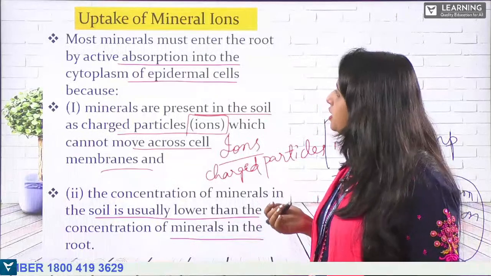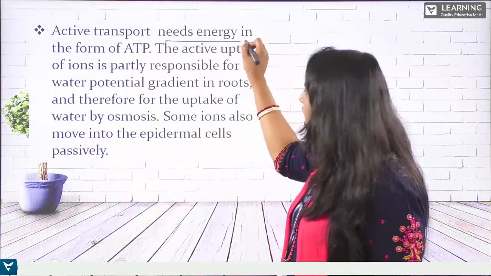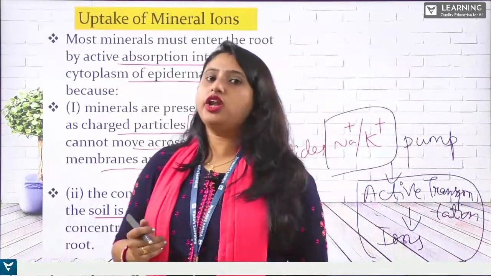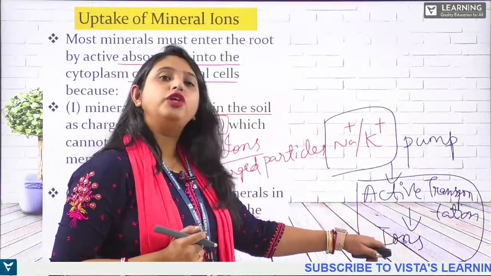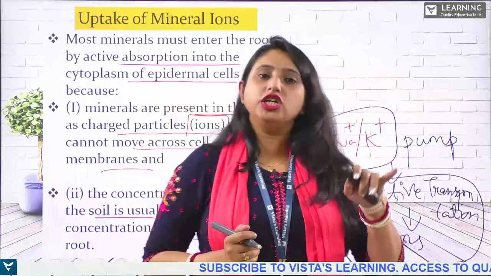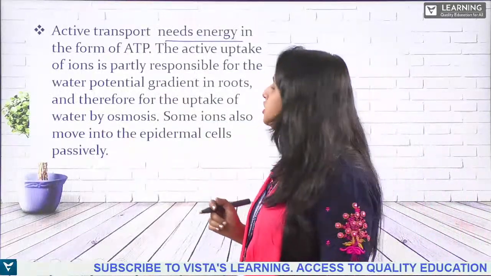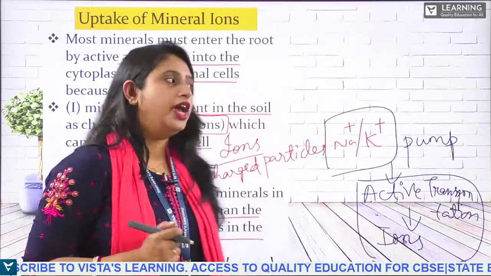So yes, next let us see that the active transport needs energy. Here we have talked about active transport, right? The Na plus K plus pump is required to move the ions. So the active transportation always requires energy in the form of what? In the form of ATP.